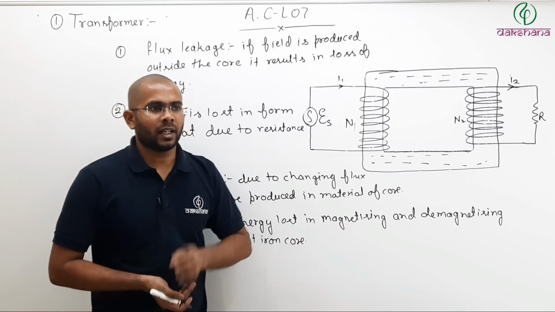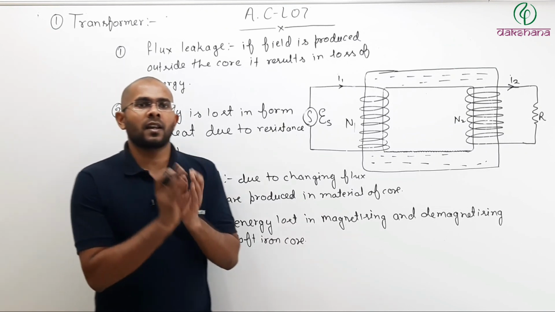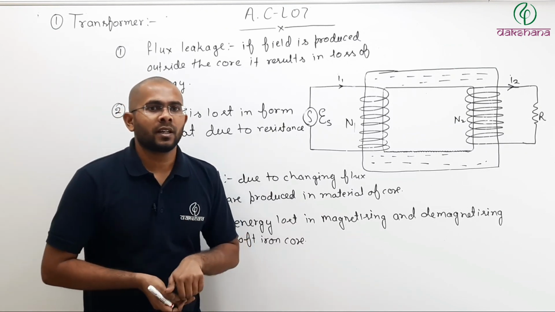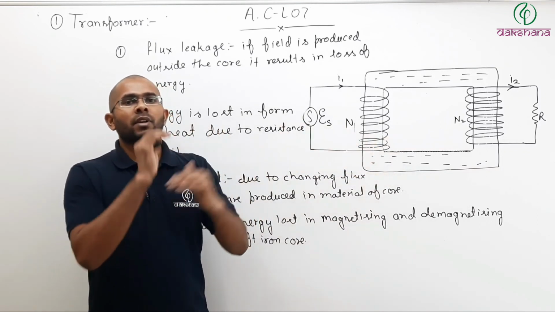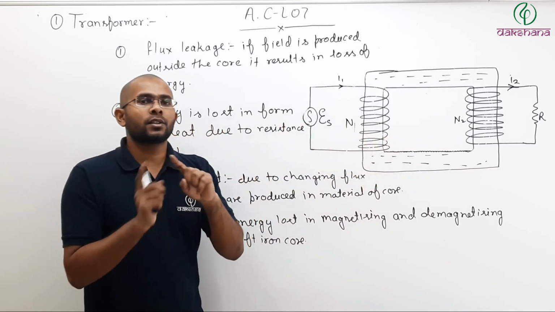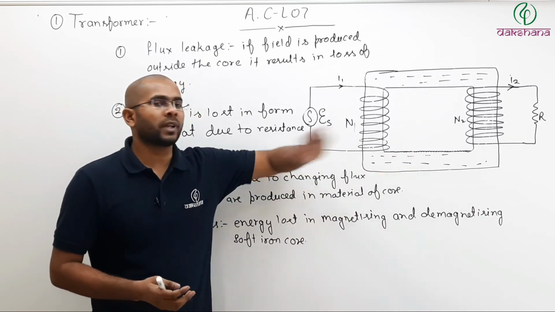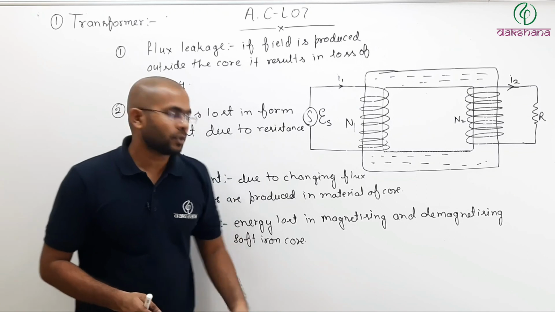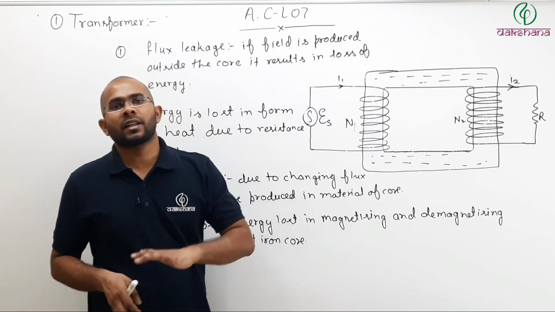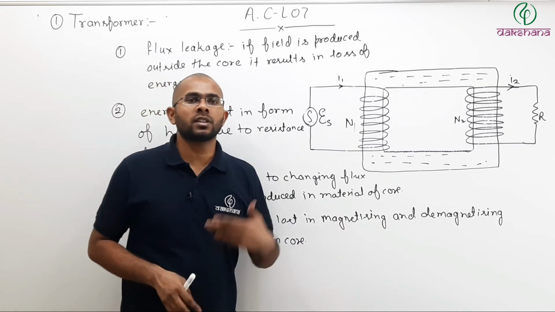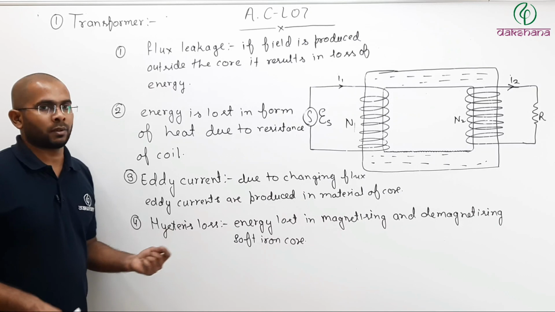Number one, the loss of energy in the form of hysteresis is less. Second, in the core of a transformer, since current is changing very frequently, it should be easier for the core to magnetize and demagnetize. So it is easy for soft iron core to magnetize and demagnetize. That is why soft iron core is used in transformers. You can pause the video and note down.